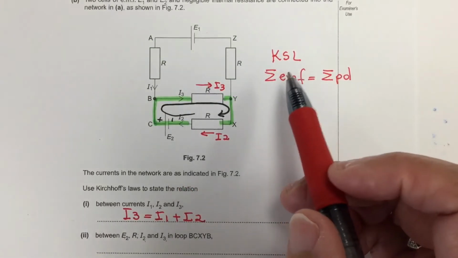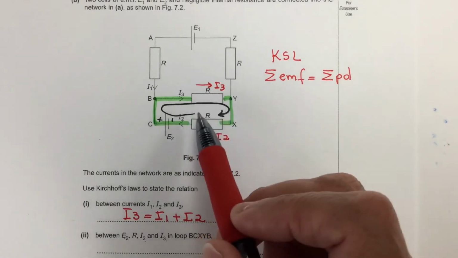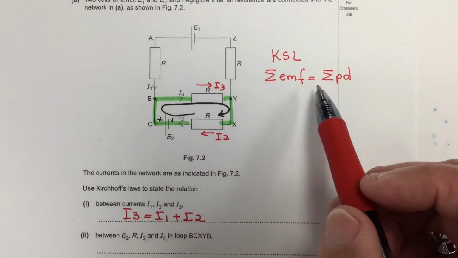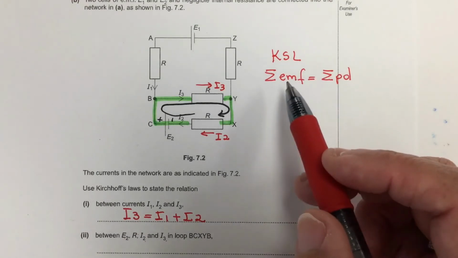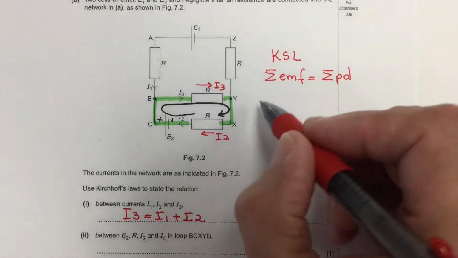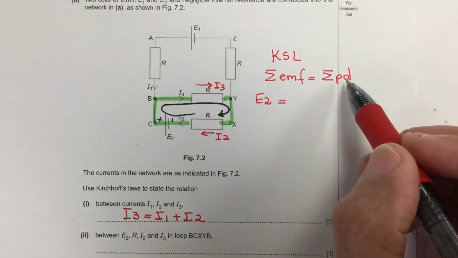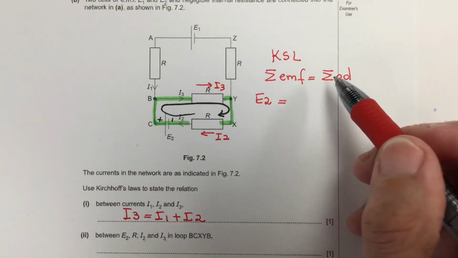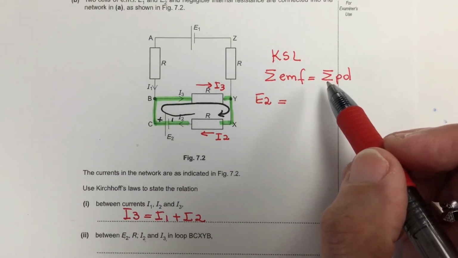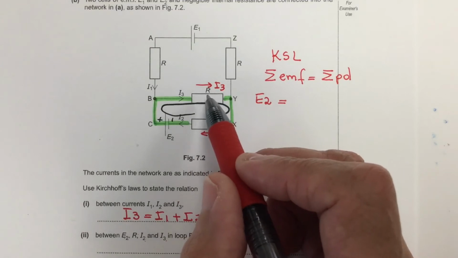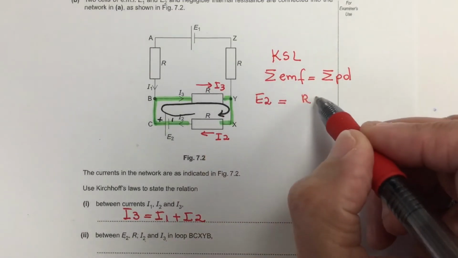Kirchhoff's second law states that the sum of all EMFs of a closed loop is equal to the sum of all the PDs in the same loop. So the EMF, I just have one, E2, equal. Now the PD. You need to look at the direction of the current and the direction of my path. In this case, we have this R with I3.